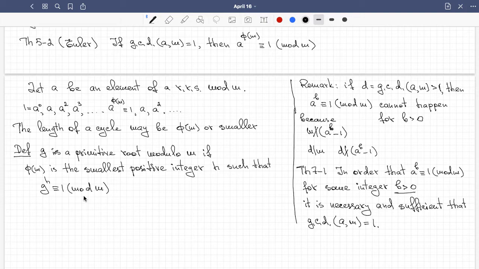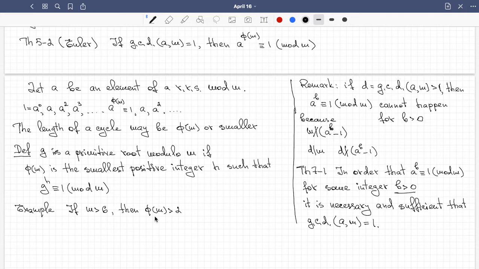Here is an example when the cycle is shorter. You know, we discussed in exercises to chapter 6 that for m bigger than 6, phi of m is bigger than 2.